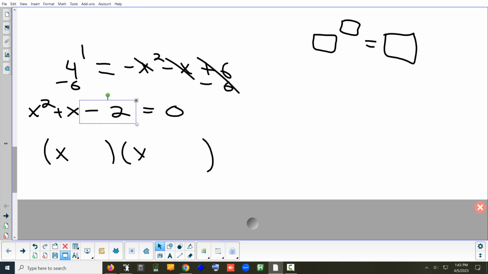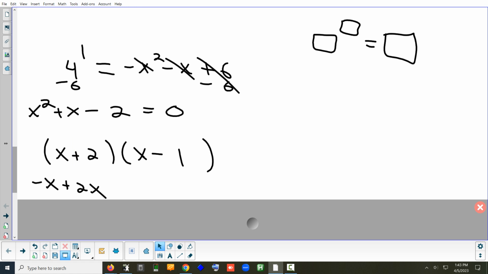When the last term is a negative, your signs have to be one of each. Actually, hold on, let's see if this works. Is that factorable? If we check that, x times x is x squared. x times negative 1 is negative x. x times 2 is 2x.